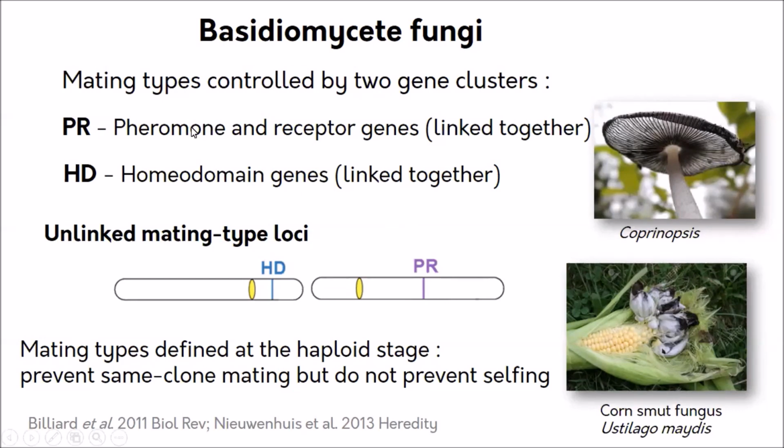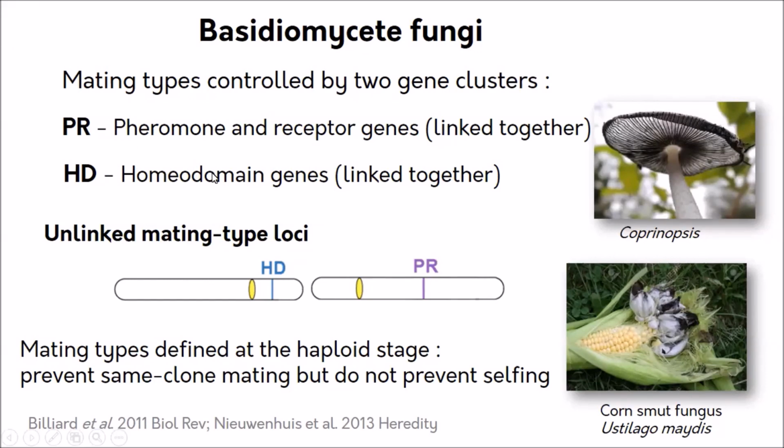The mating types in these basidiomycete fungi are controlled by 2 sets of loci that are themselves actually supergenes, so several genes linked together by suppressed recombination. And in most basidiomycetes, these 2 sets of genes are on different chromosomes. So there are 2 loci controlling mating type. One locus we call the PR locus, with pheromone and pheromone receptor genes that control the possibility of gamete fusion.